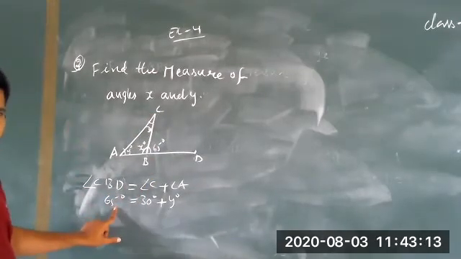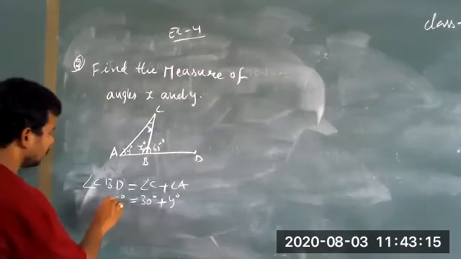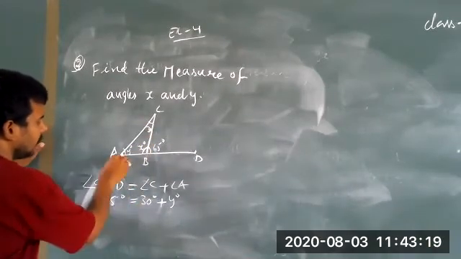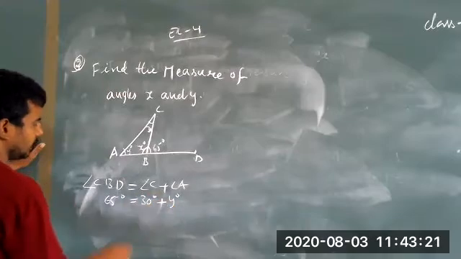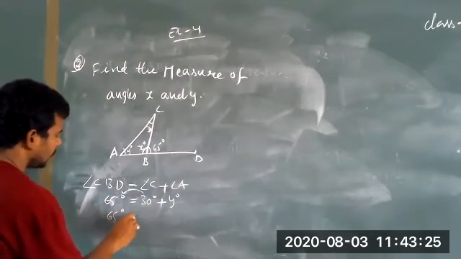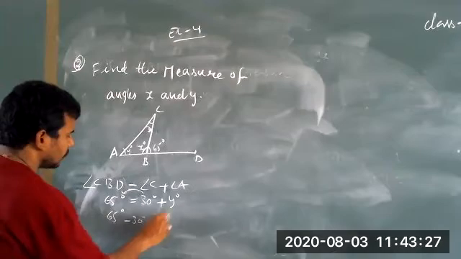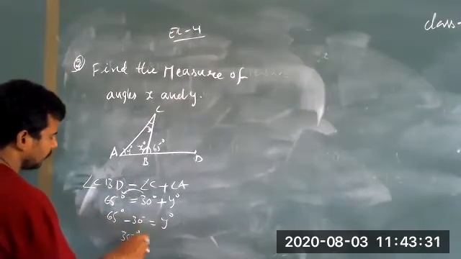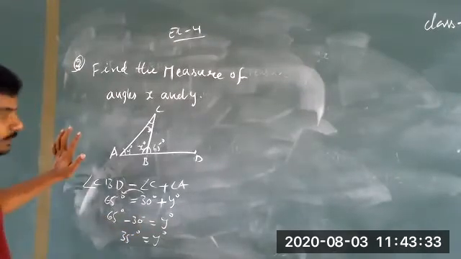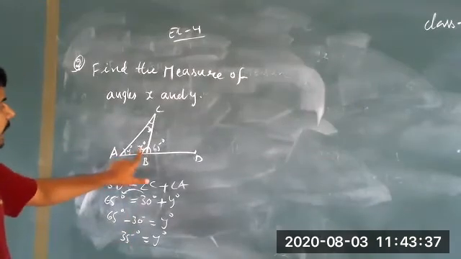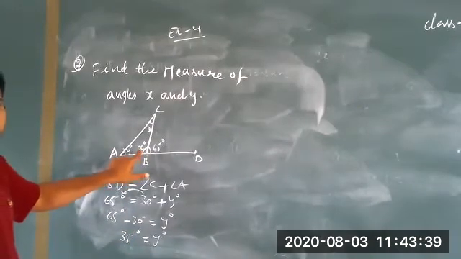So angle C is 30 degrees, and angle A is y. Now this 30 goes to the LHS side: 65 degrees minus 30 degrees is equal to y degrees. 65 minus 30 is 35 degrees. So y is equal to 35 degrees. Now you can find x in the interior angles.